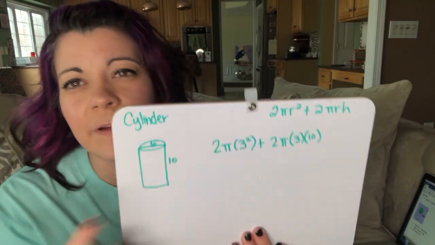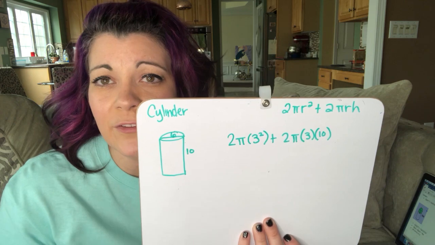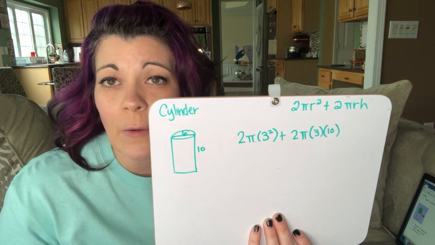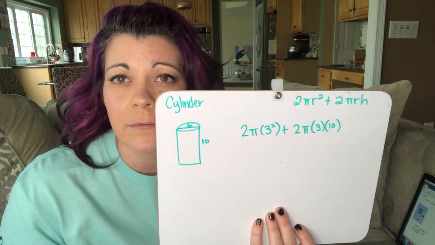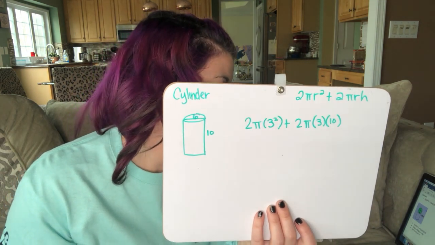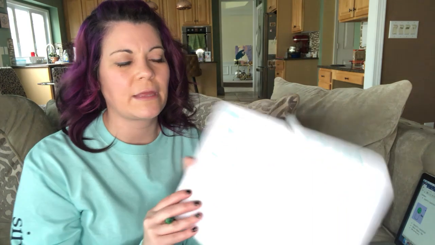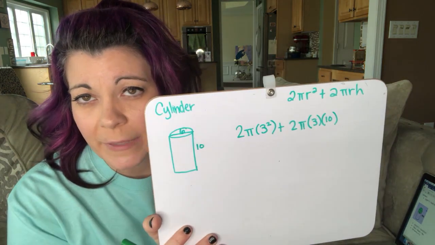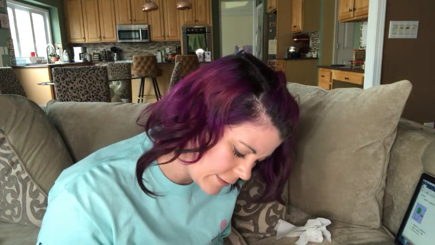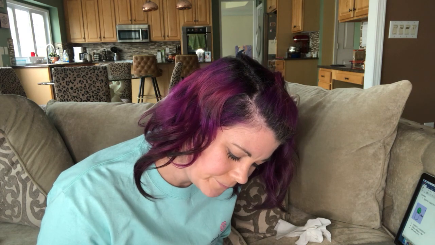So now I have everything plugged in, and all I do is solve it. I use PEMDAS, so I have to do the order of operations. I have to do exponents first. The parentheses are just showing multiplication. There's nothing within the parentheses, no operation.